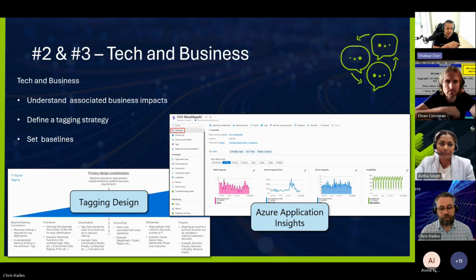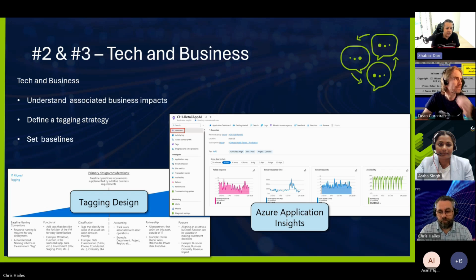Yeah, and I'll just go back to that. We don't have to go back to it again, but that first slide about knowing what you have and knowing where it is. These are two perfect examples of what's going to help you do that. If you're using Azure Cost Management but nothing's tagged, you have no idea who's spending what, right? So it's pointless. And with your applications, how are they performing?